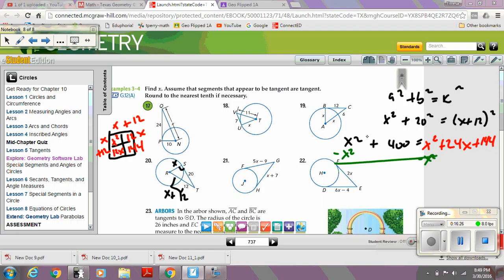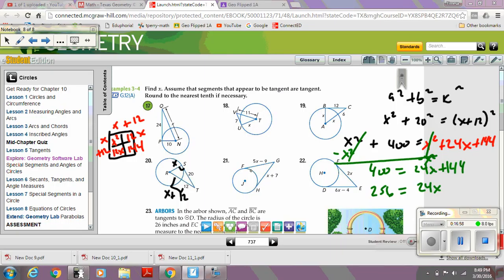In doing so, they cancel each other out, leaving only 400 on the left, 24x plus 144 on the right. So now you subtract 144, and you would get 256 equals 24x.